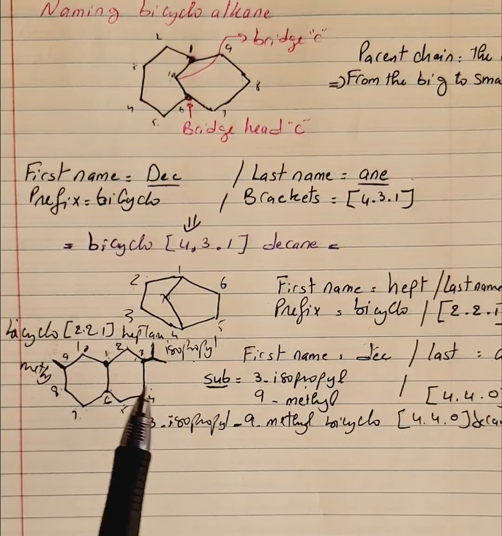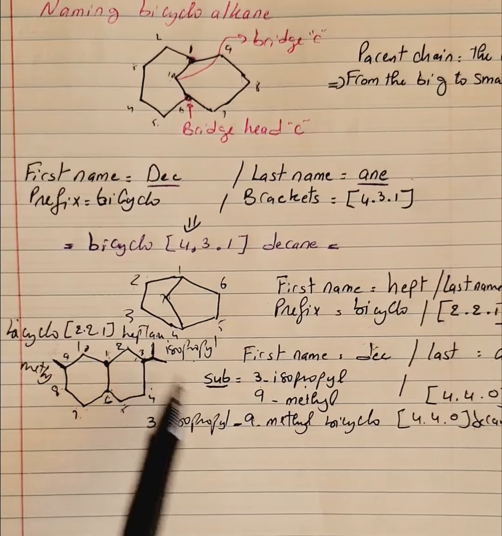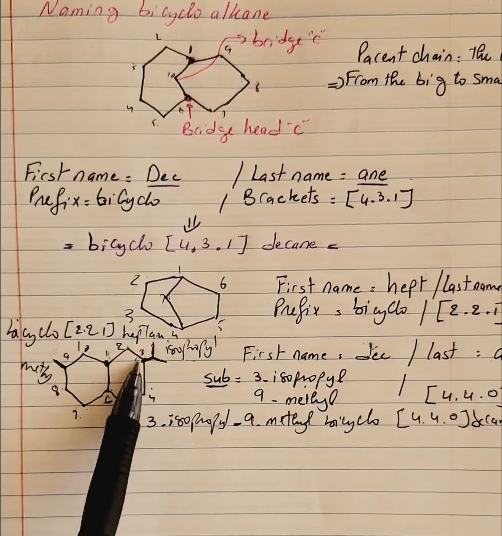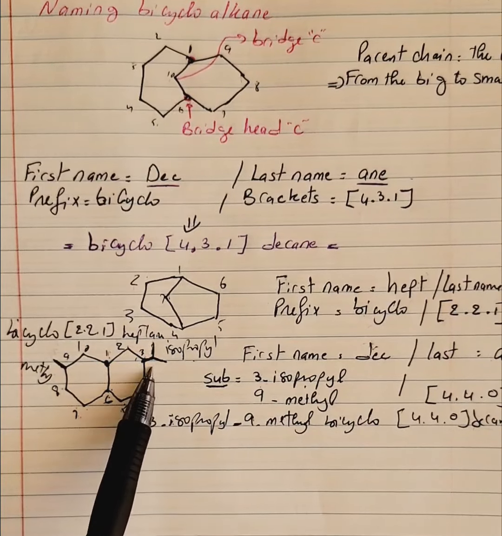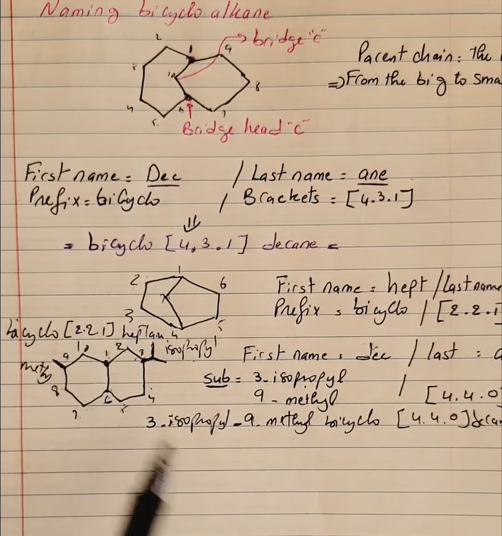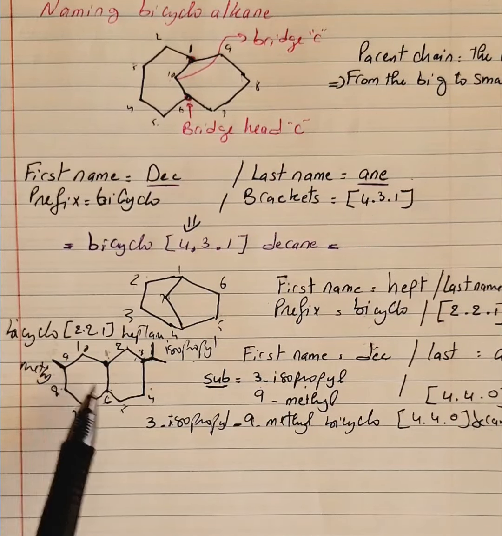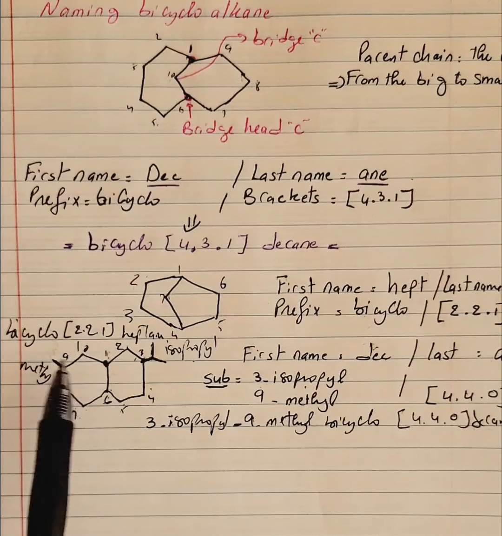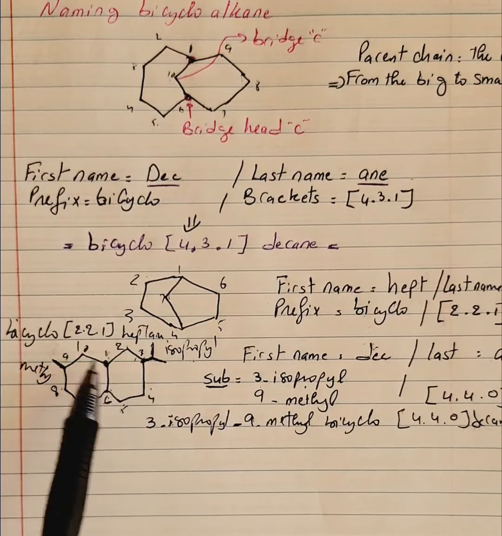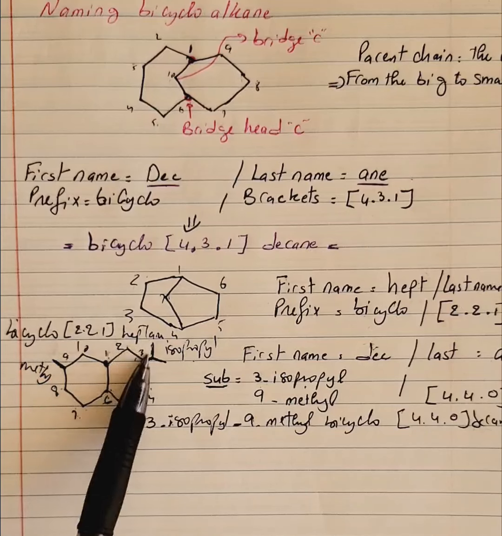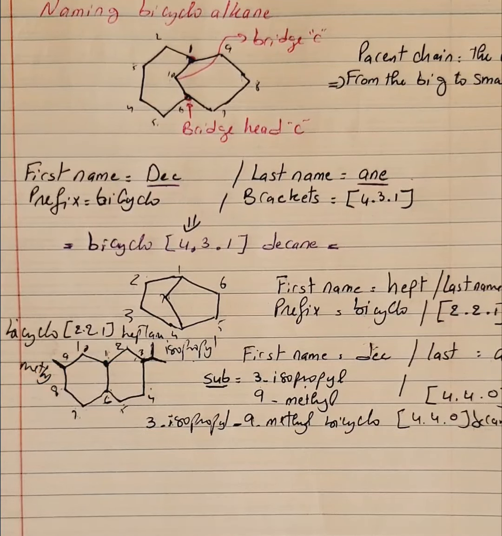But here, 1, 2, 3, the substituent or the branch is situated on carbon 3. 1, 2, 3. It's the same for this ring. The substituent is situated on carbon 3. We can tell that these two are the same. This distance is the same.